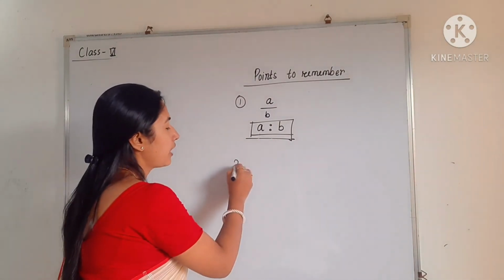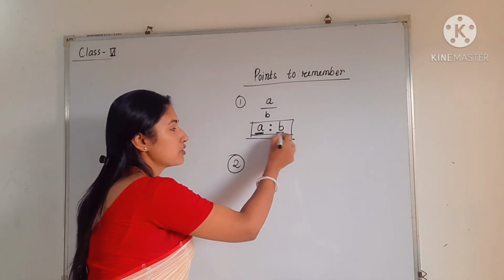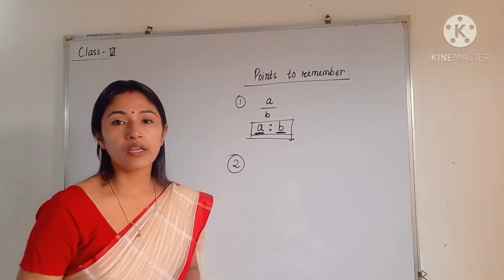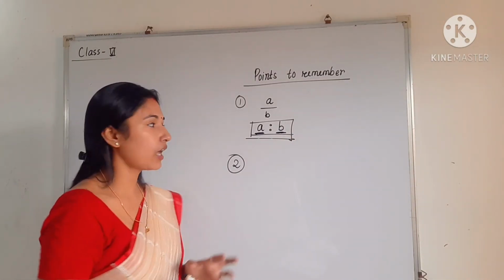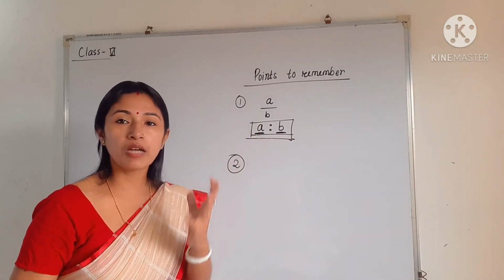Okay. The second point is, both the quantities, that is antecedent and consequent, or you can say the first term and the second term, should be expressed in the same unit. Okay, same unit. Already I told you that we can compare the same kind of objects, same kind of units.